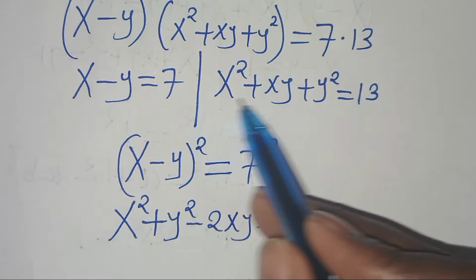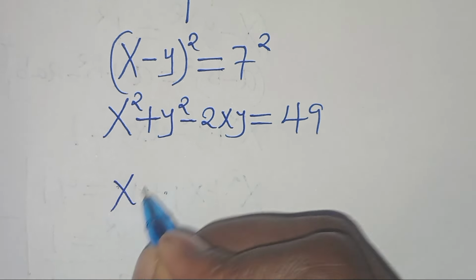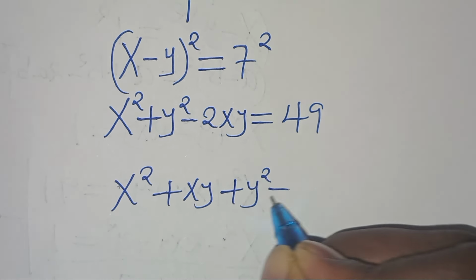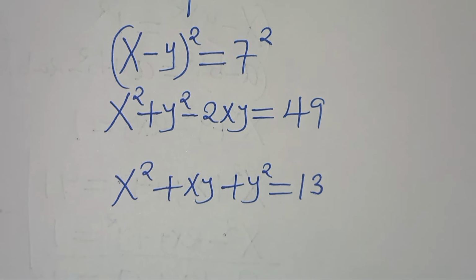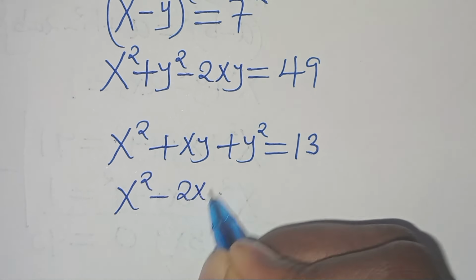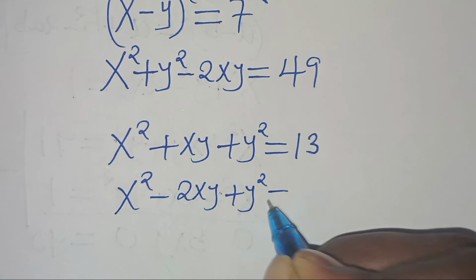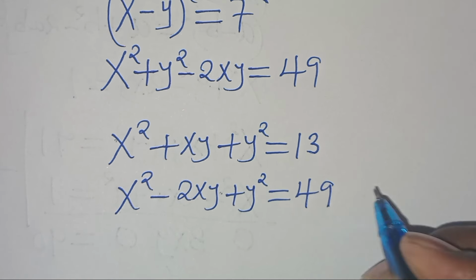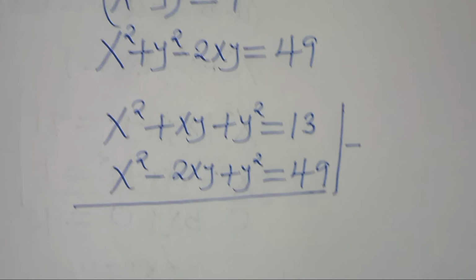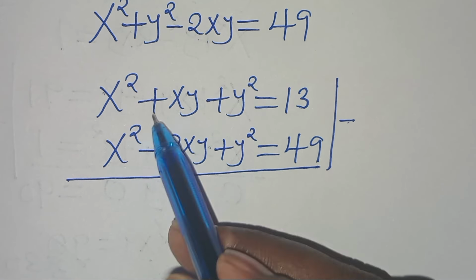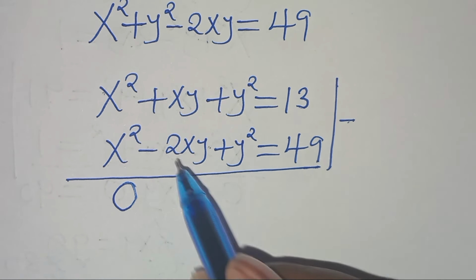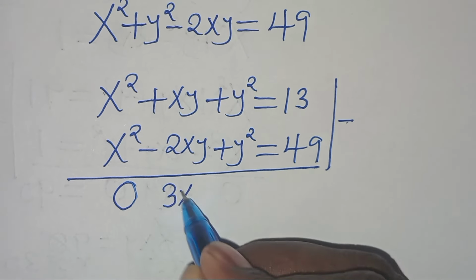Now from the first part here, x squared plus xy plus y to the power of 2 is equal to 13, and we have x squared minus 2xy plus y squared equal to 49. So let's subtract these two equations here, so that x squared minus x squared is equal to 0. Then we have xy minus 2xy, this is 3xy here.